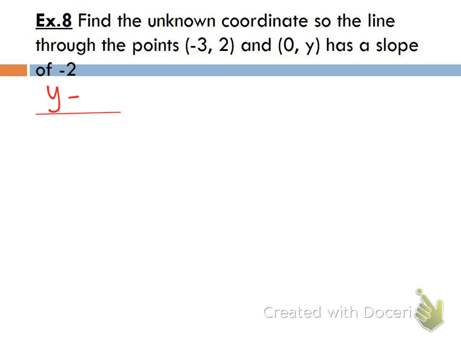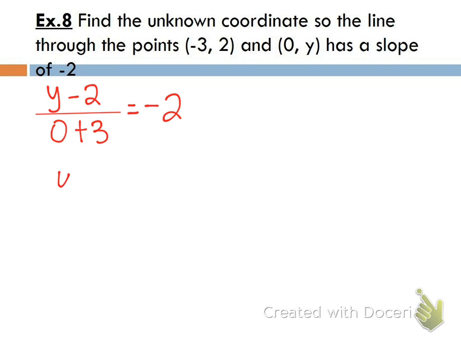So we could put y minus 2. You could put 2 minus y, but I'd rather have a positive y personally. If in the top we put y minus 2, my denominator should be 0 minus -3 or 0 plus 3. And what should I be setting that equal to? -2. That's what they want my slope to be.